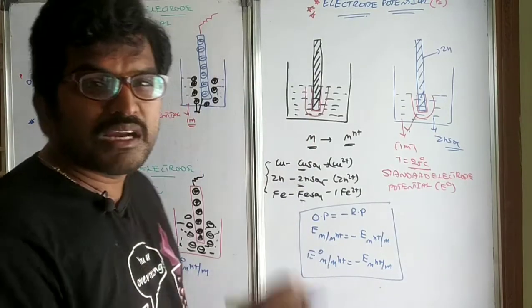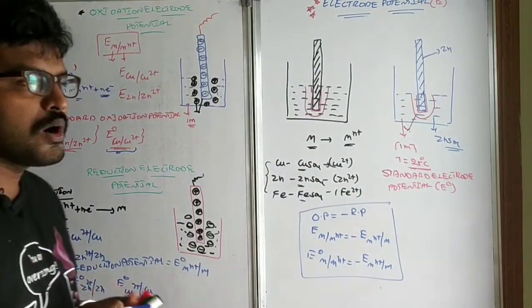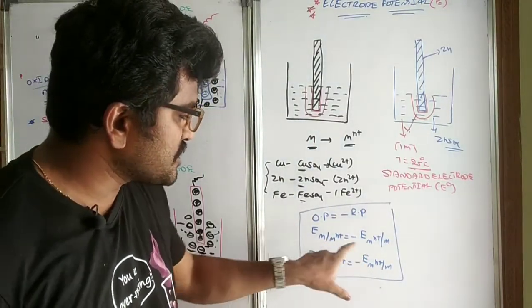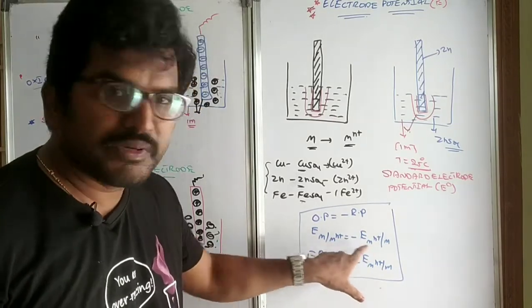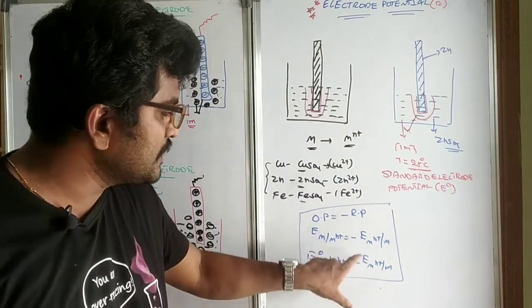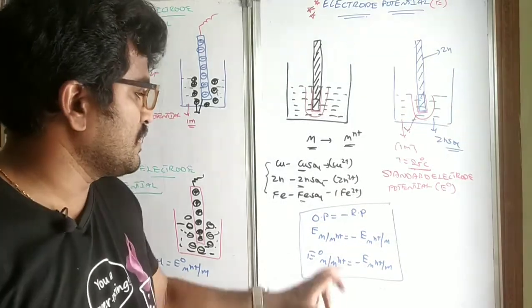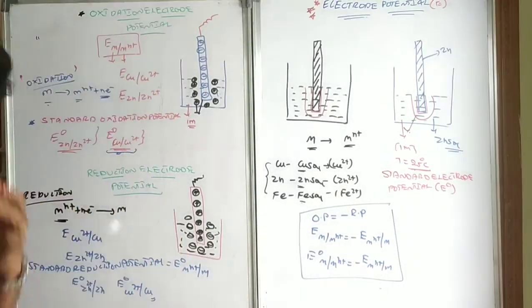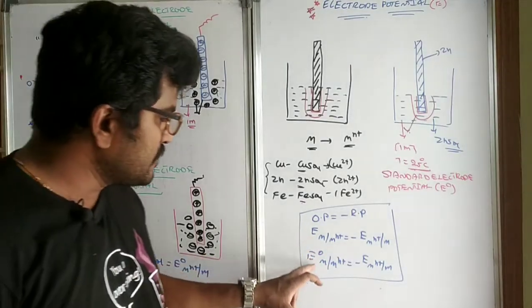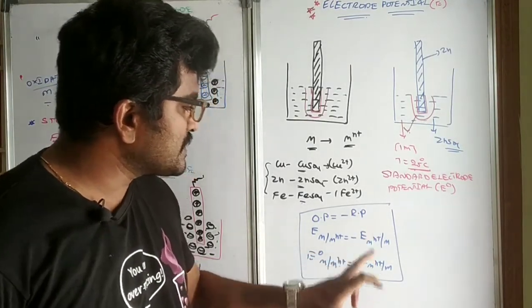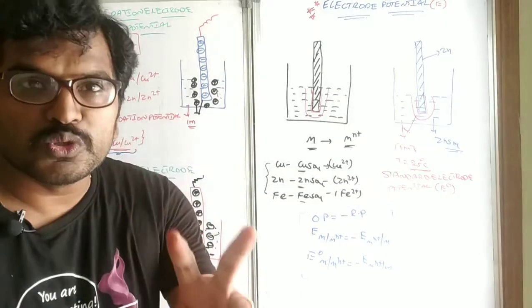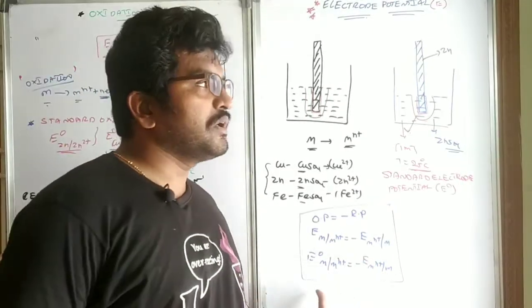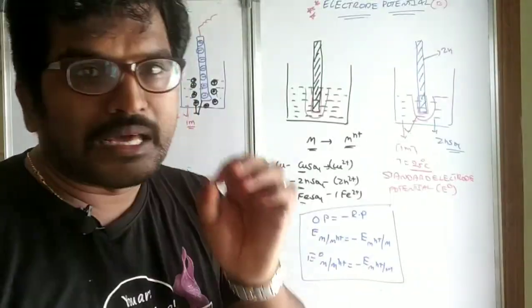For any metal, oxidation potential and reduction potential will be the same in magnitude and opposite in sign. So this is the oxidation potential and this is the reduction potential. Like this, whenever you take any electrode, its electrode potentials will be the same in magnitude and opposite in direction.